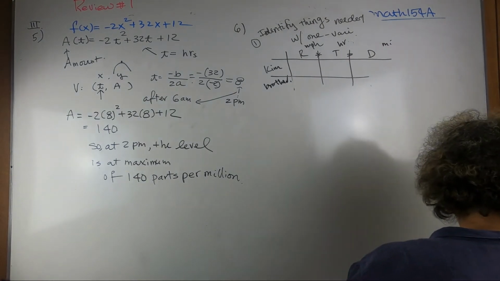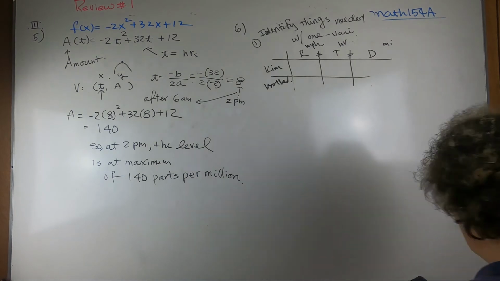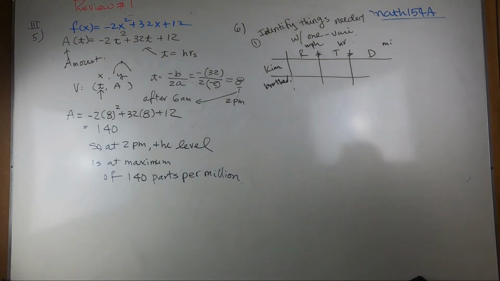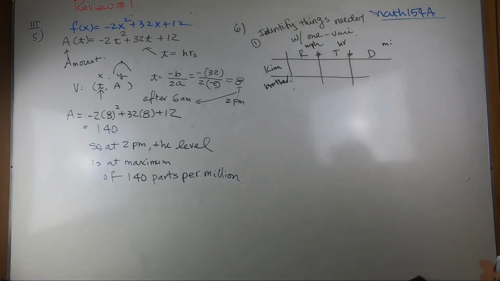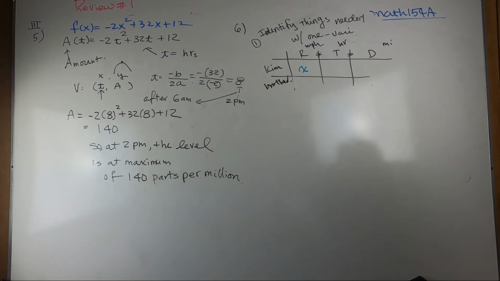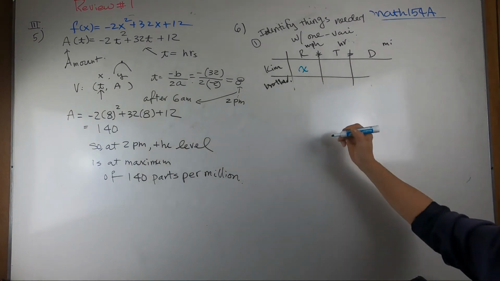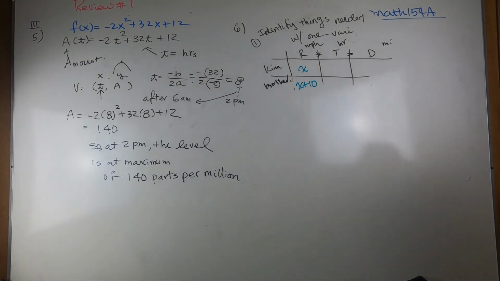So then we have to find which things we are going to find. And for the things we don't know, we use what? X, right? We need to find their speed for Kim and for her brother. So Kim, we don't know, x. What's her brother's speed with the bicycle? 10 miles faster, x plus 10, right?